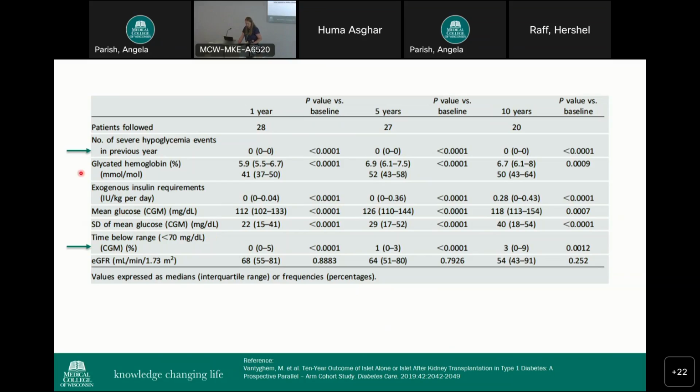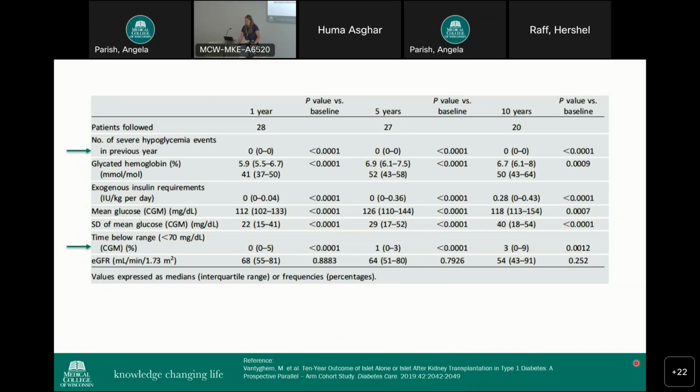I tried to highlight it here with the 2 green arrows. As you can see, the primary outcome sought to define whether hypoglycemia improves. And at 1 year, 5 years, and 10 years, patients that received islet cell did have a reduction or favorable outcome in hypoglycemic events.